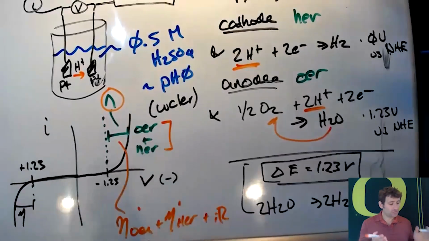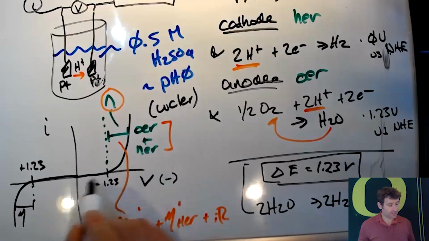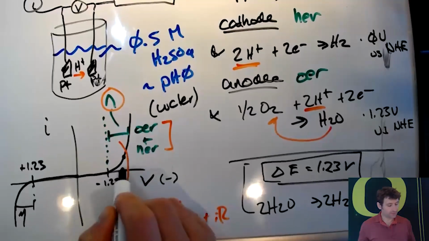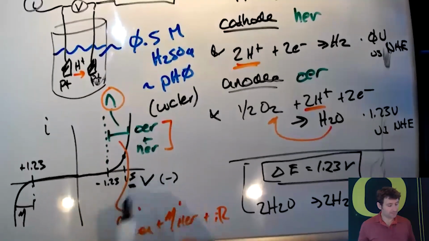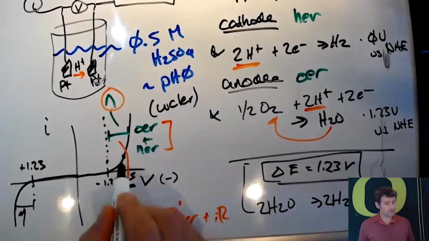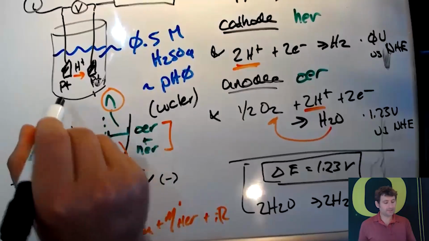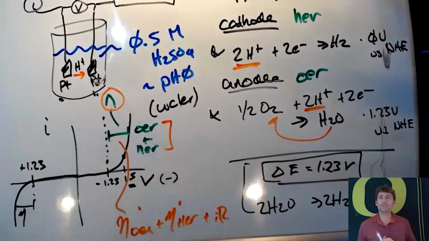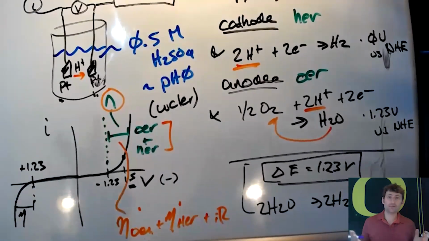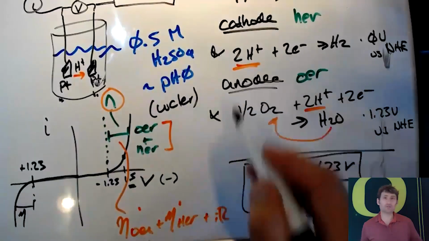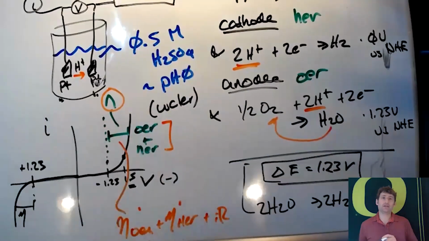And I don't know a priori here if I apply a total voltage, say at 1.5 volts, what is the relative voltages versus, say, a reference electrode versus some absolute energy of these two different electrodes.